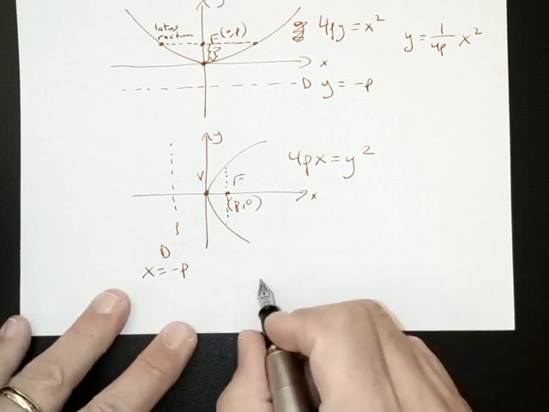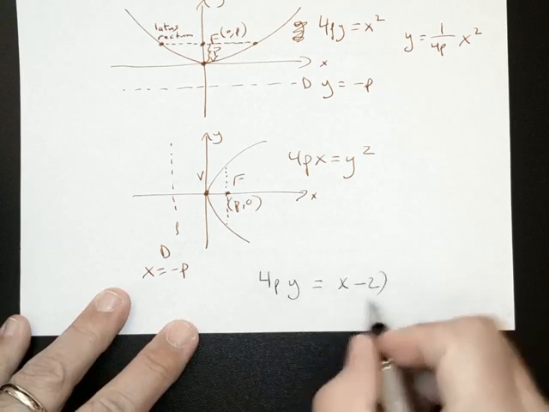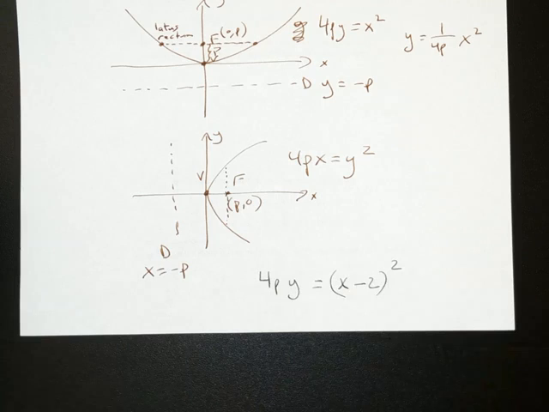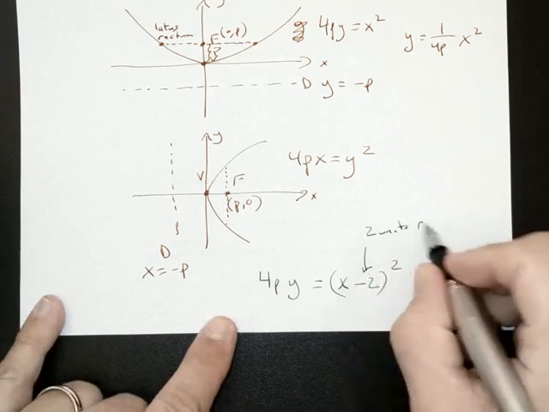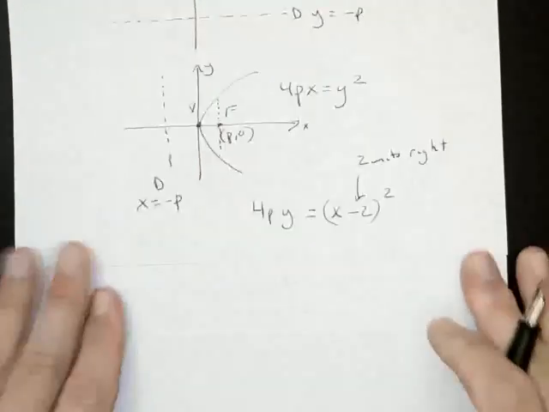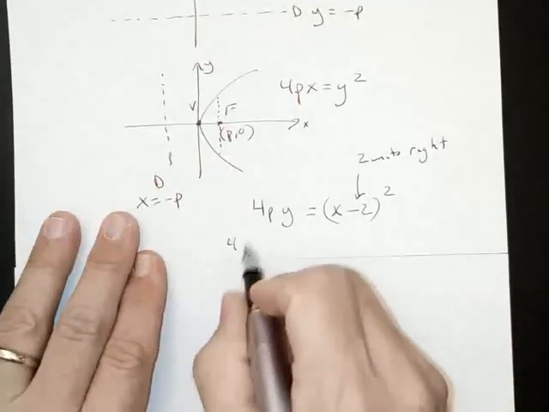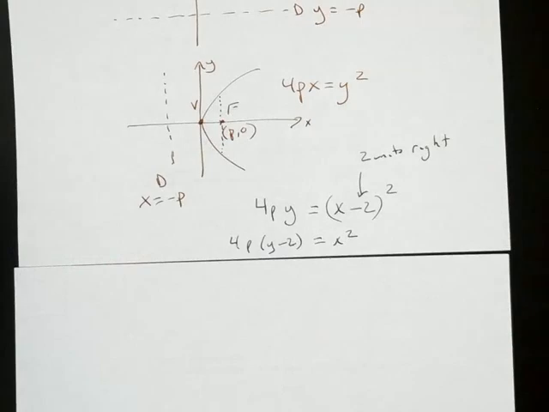If I write this, I've taken my entire graph and shifted it 2 units right. If I do this, then I've shifted it 2 units up.